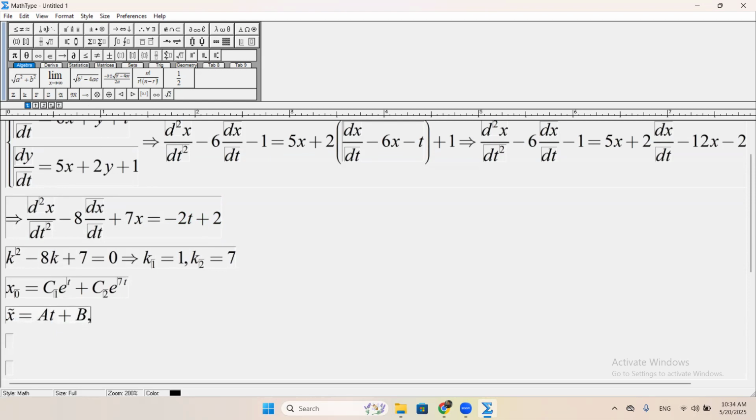Differentiating it twice: x partial prime equals a, and the second derivative will be equal 0. So minus 8a plus 7at plus 7b equals minus 2t plus 2.